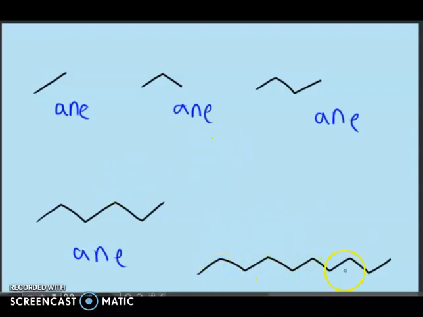I didn't write it down here for the last one, but that also has ANE. So we're just going to start with the top left. Let's count here. I'll write it down. 1, 2. And if you see that chart, you'll know that 2 is ETH. So this molecule is ethane.